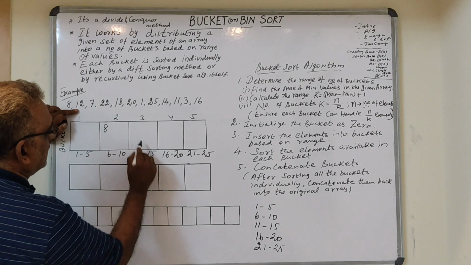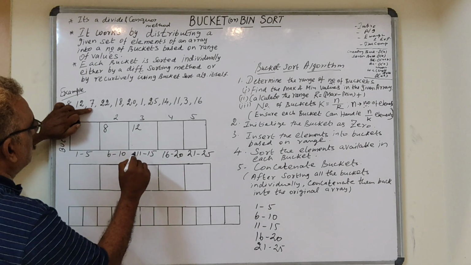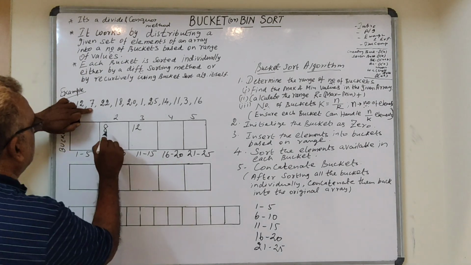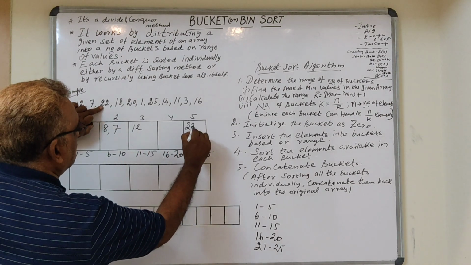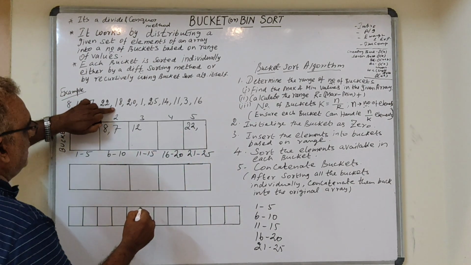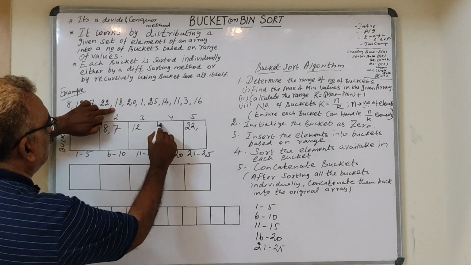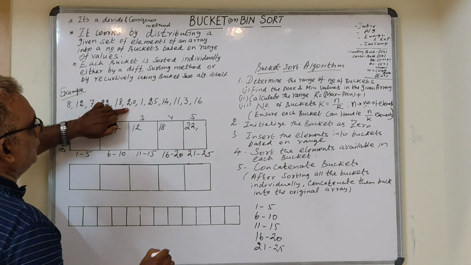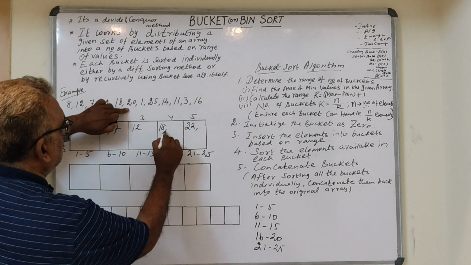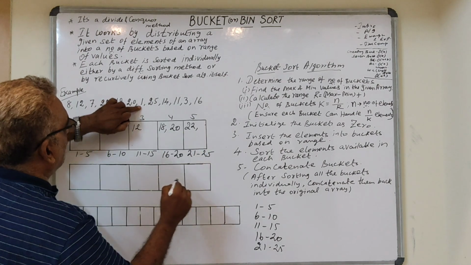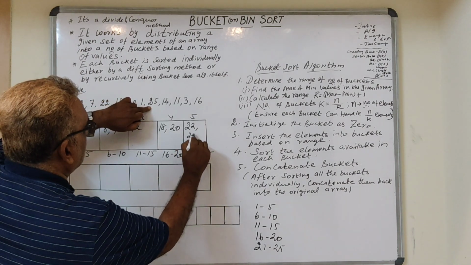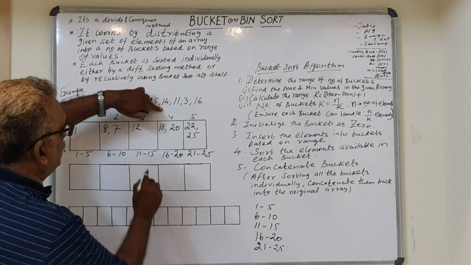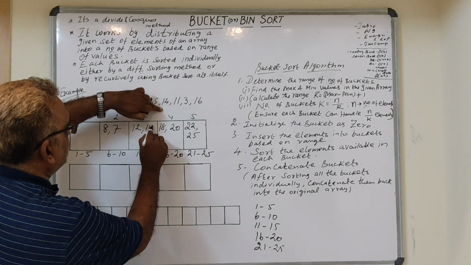Similarly, 12 can be stored here. 7 is stored here. 22 goes in the fifth bucket. 18 can be stored in the fourth bucket. 20, again the fourth bucket. Number 1, first bucket. 25, fifth bucket. 14 is the third bucket.